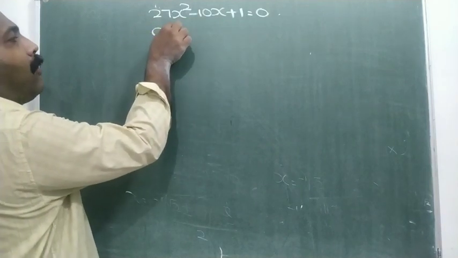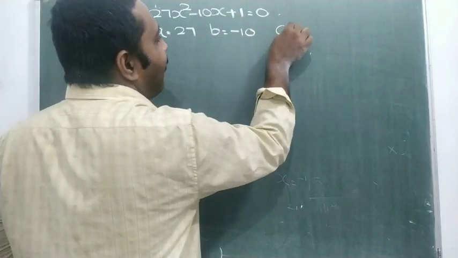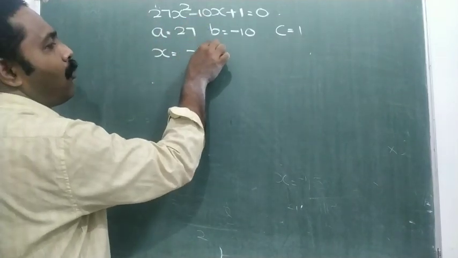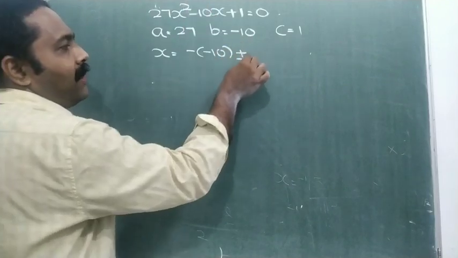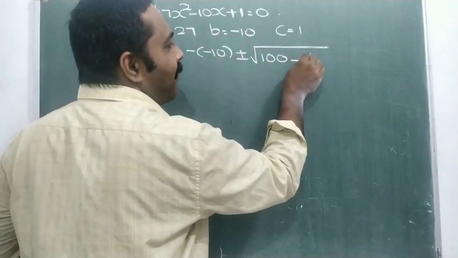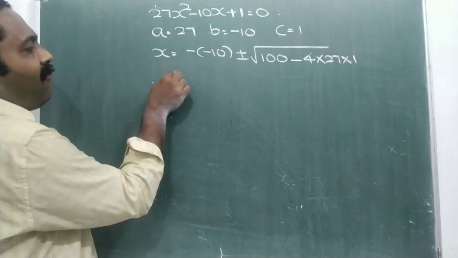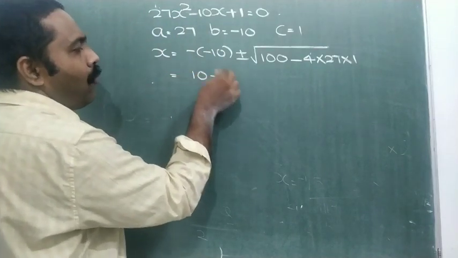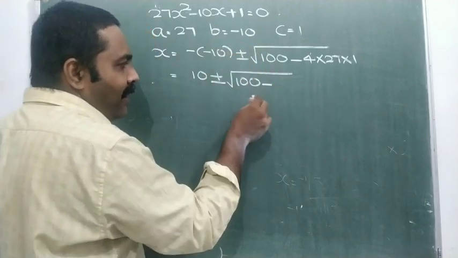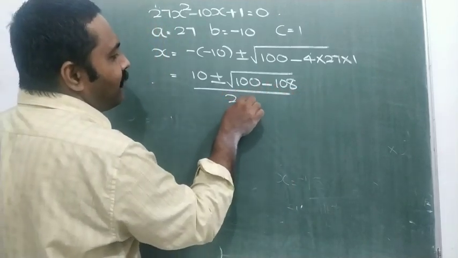Comparing this equation, a is equal to 27, b is equal to minus 10 and c is equal to 1. x is equal to minus b, minus of minus 10, plus or minus root of b square, which is square of minus 10, 100, minus 4 into a which is 27 into c which is 1, by 2a, 2 into 27. Here 10 plus or minus root of 100 minus 4 into 27, which is 108.